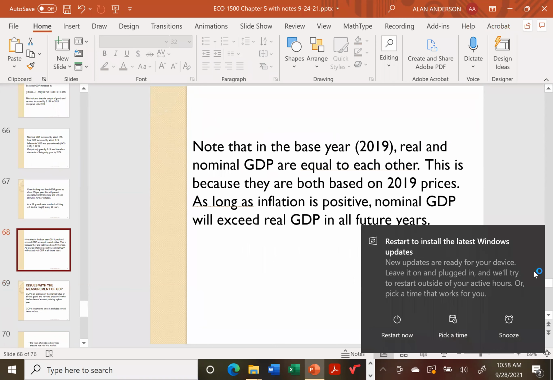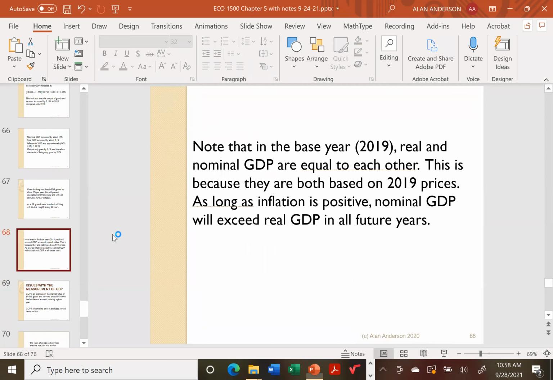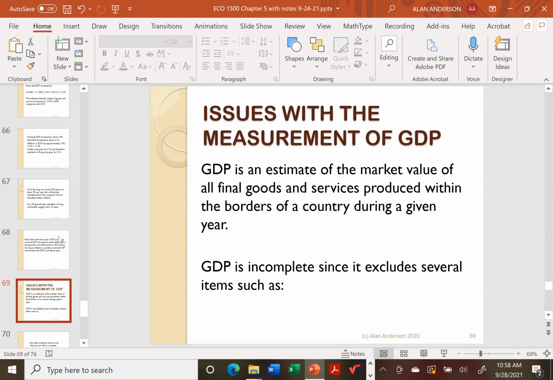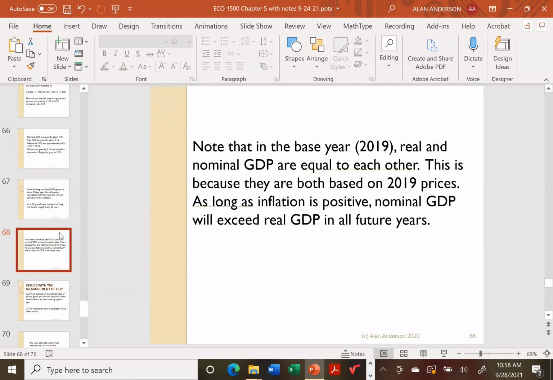Now, I did mention that in the base year, nominal and real will be equal to each other because they're using the same prices.